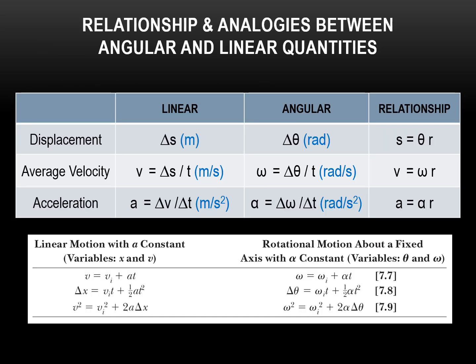In this slide, you can see the relationship and analogies between angular and also linear quantities. From here you can see the formula to find the displacement, average velocity, and also the acceleration for linear and also angular quantities.